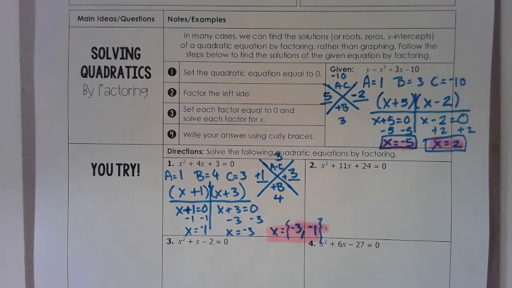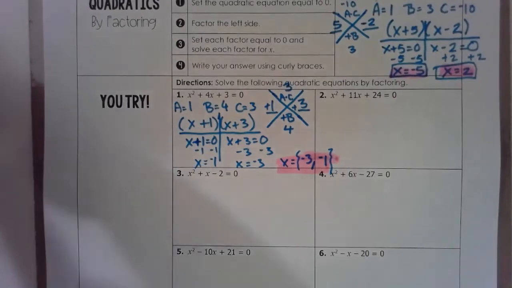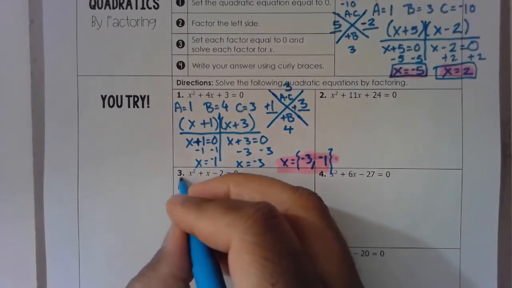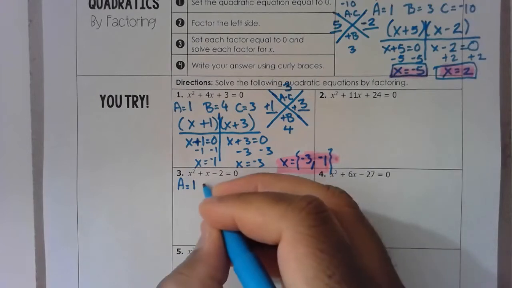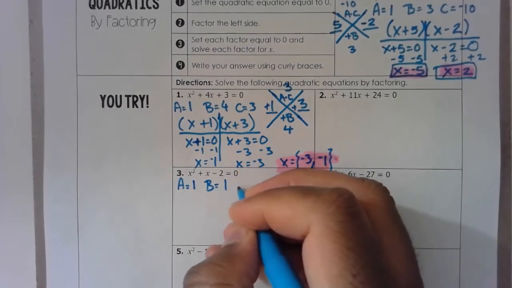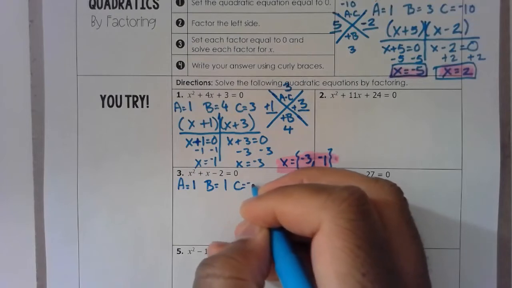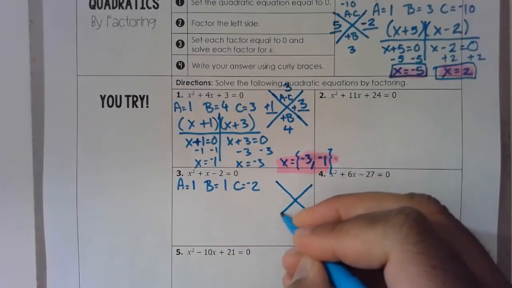Okay, let's take a look at example 3 here. All right, so once again, my A equals the imaginary 1, B equals also an imaginary 1, and then my C equals negative 2. All right, we make our big X chart here.